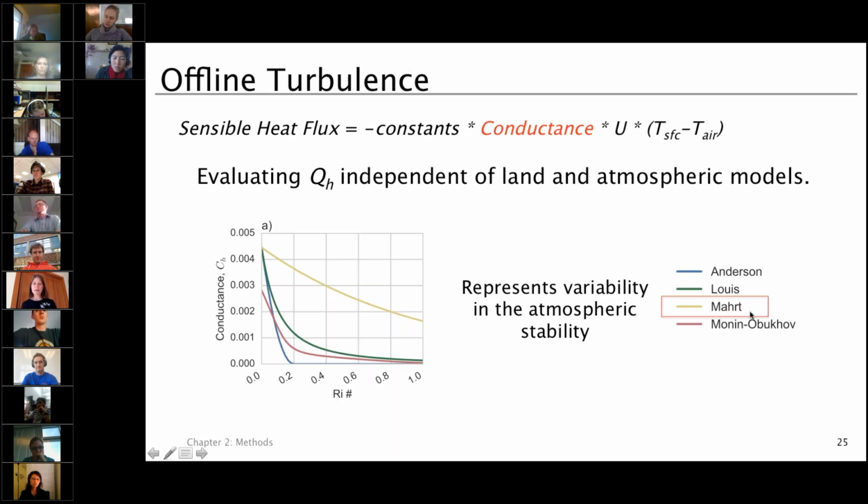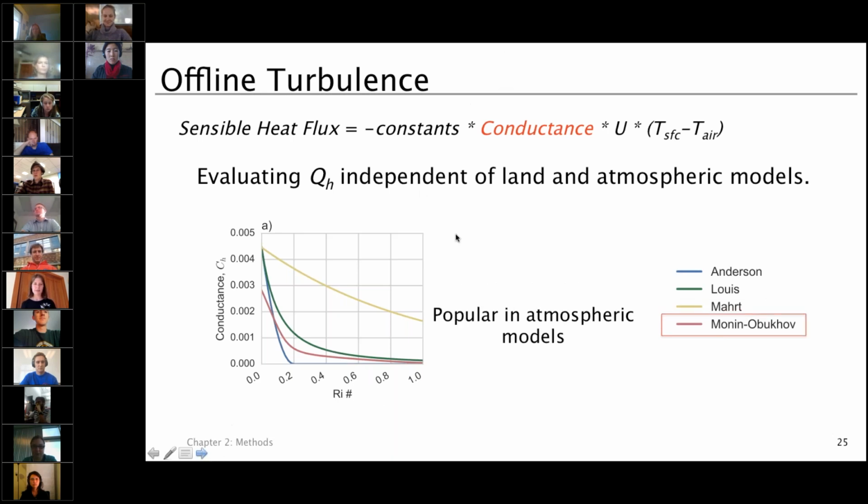So what Larry Mahrt said was, when I go out, I see that, even though it might be really stable over this patch of snow here, over here there's some trees and it's less stable. And I think that actually more mixing occurs everywhere because that less stable air is going to blow over this more stable air. And I should represent it by changing this conductance term. Everybody follow? This is why it's not very popular to talk about all these parameters and parameterizations. You start getting into the weeds really fast.